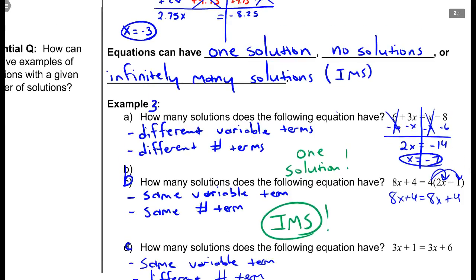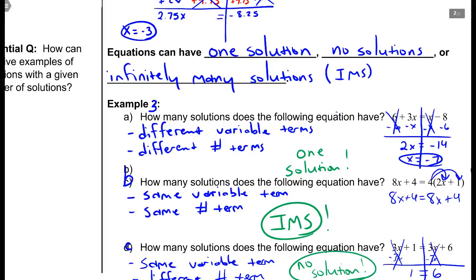And that's going to give you an equation that has no solution. So if we solved this, okay, if I subtract 3x from both sides of my equation, those all cancel out, and all I'm left with is 1 equals 6. Well, we know 1 equals 6 is not true. 1 does not equal 6. They're different numbers. So this is a type of equation that has no solution.